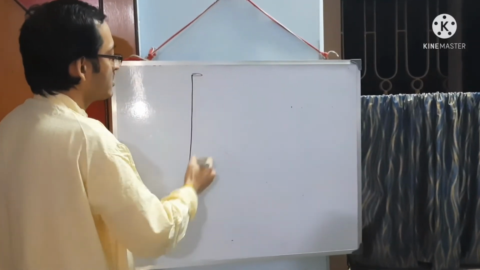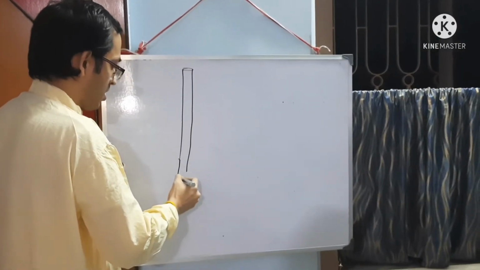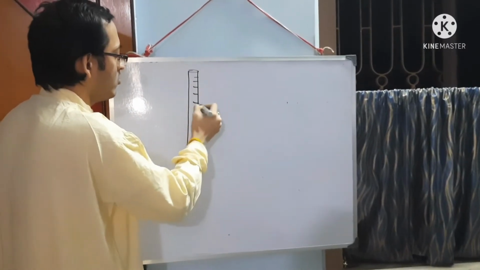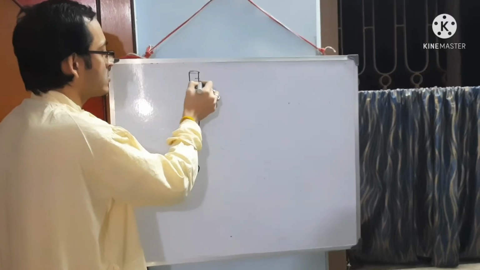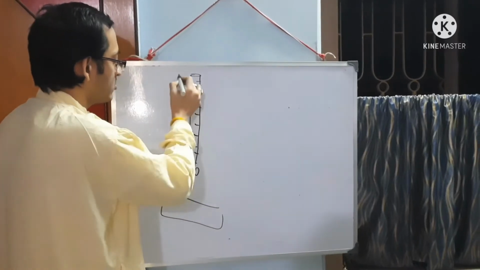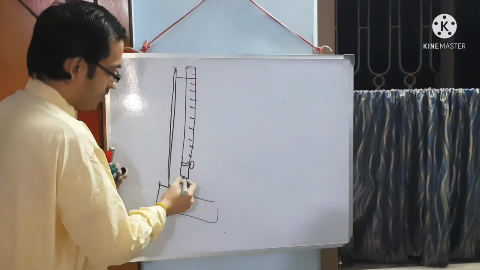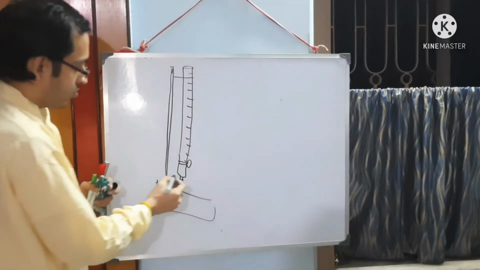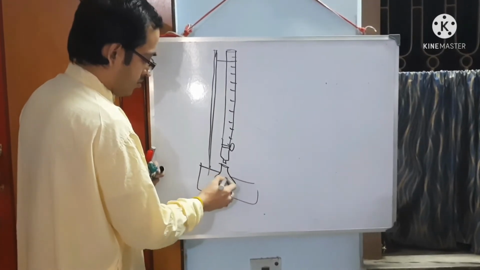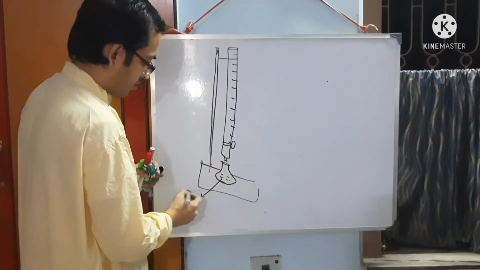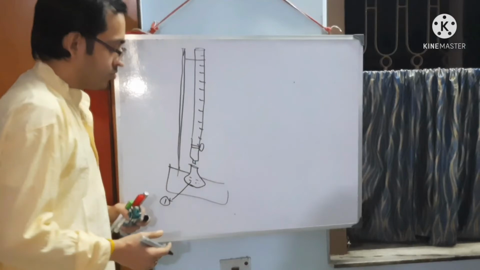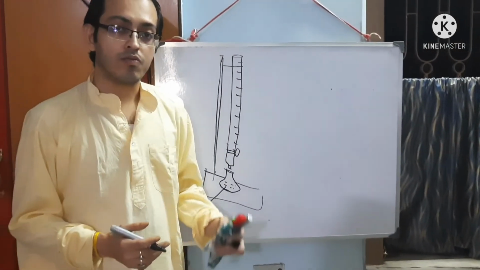So this is the burette, in our previous video we saw that. This is our conical flask number 1. Then with another burette you can do the titration for conical flask number 2.